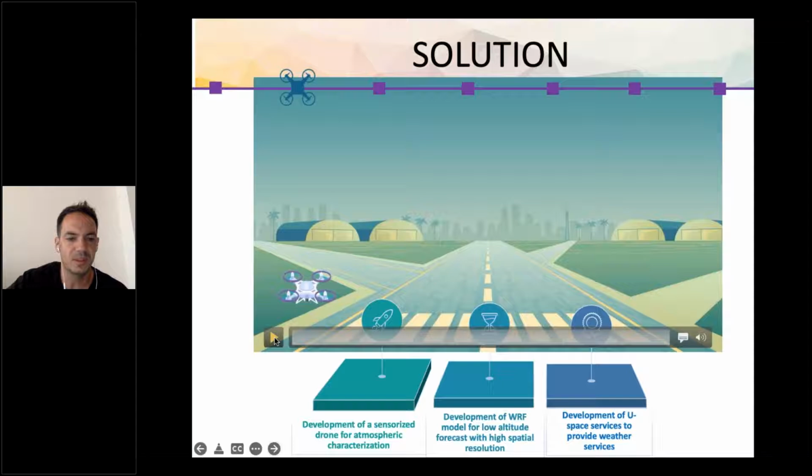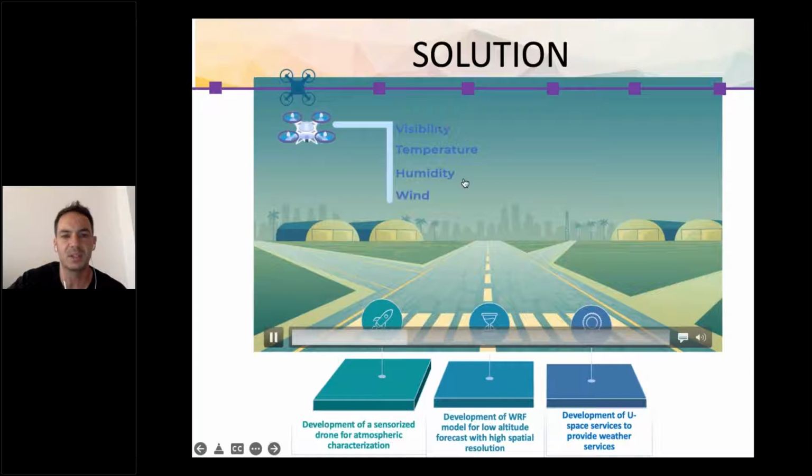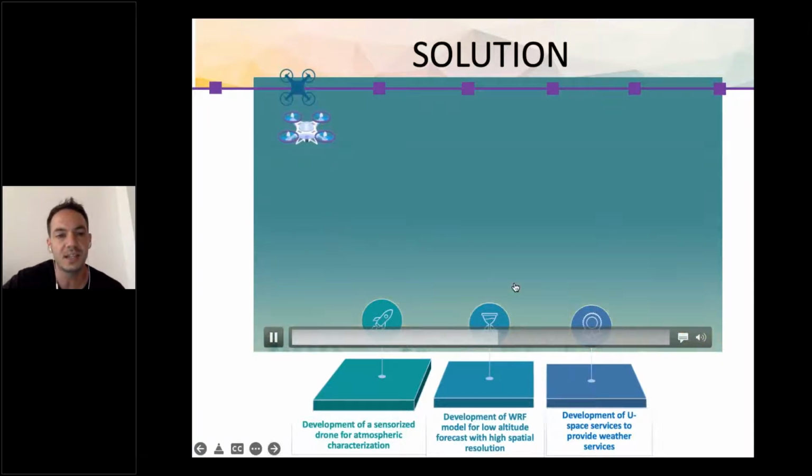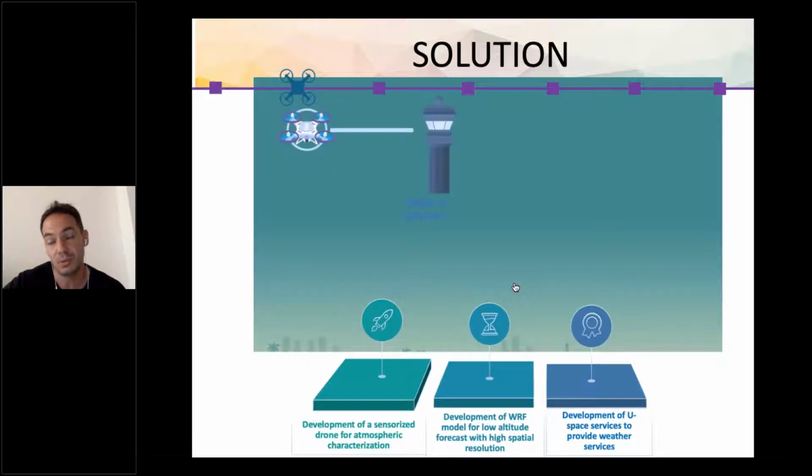In this short video, you can see how our drone is sensorized. We are characterizing atmospheric conditions like visibility, temperature, humidity, wind, and broadcasting this information to the control tower in an airport and a high performance computing center in order to run our models.